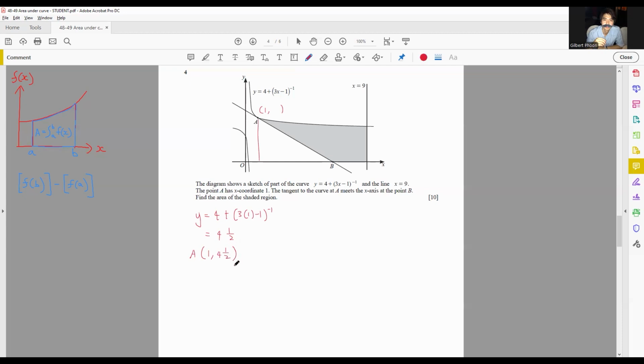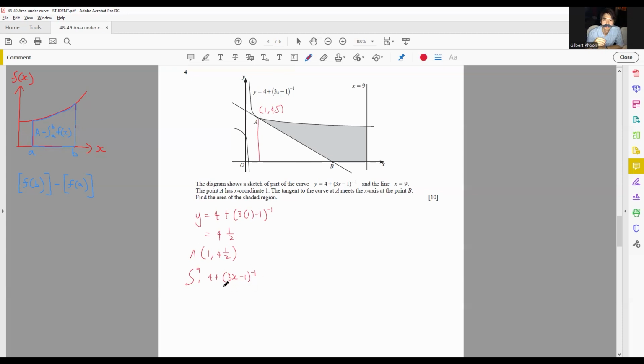Right? Next, we are going to find the area under the curve here. Area under the curve, we're going to integrate this y equation here, and it's going to be between 9 and 1. Integrate this, 4 plus 3x minus 1 to the power of negative 1.